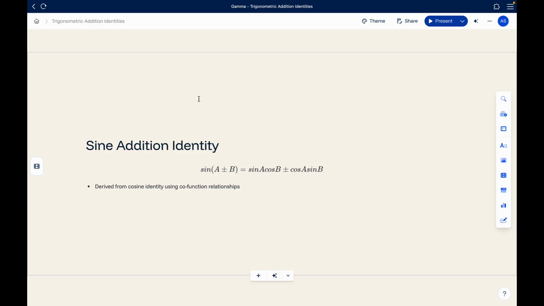Now, there is also a way to derive the sine addition identity from the cosine identity using something called cofunction relationships, which have been covered in another trigonometry video, but that is pretty basic and is normally quite niche.